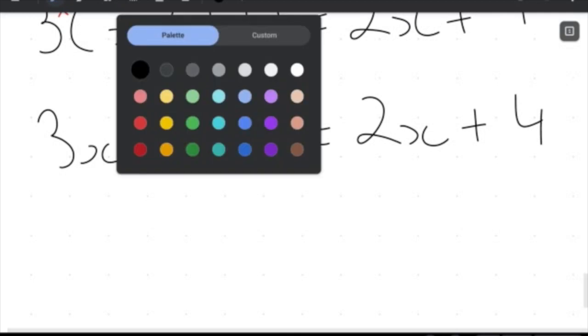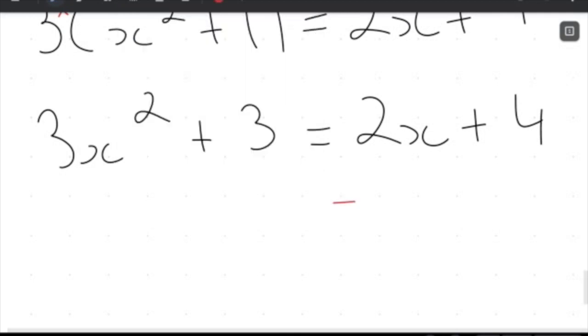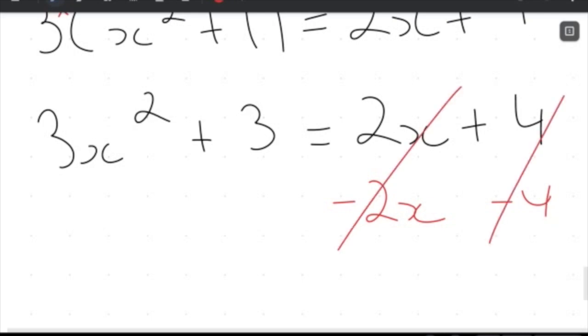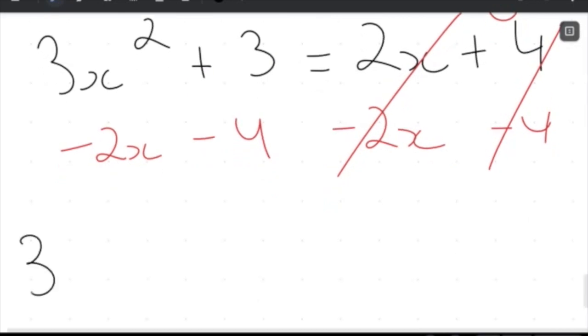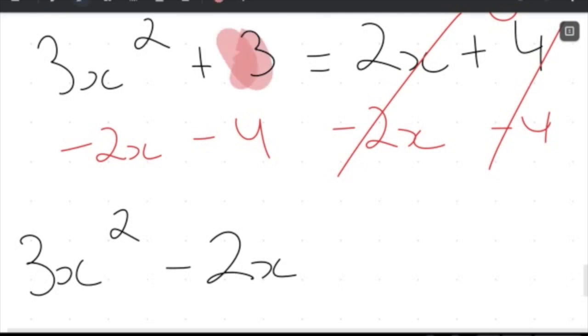And I want to get these guys on the right hand side over to the left hand side. So I'm going to do the opposite operation, which cancels out both of these on the right hand side, leaving me with 0. And on the left hand side, I wind up with 3x squared minus 2x, and I have positive 3 minus 4. That gives me minus 1. And that equals 0.